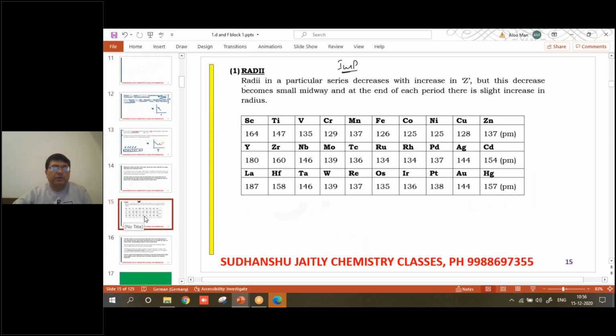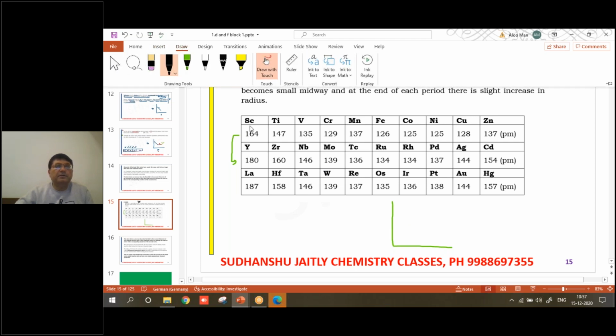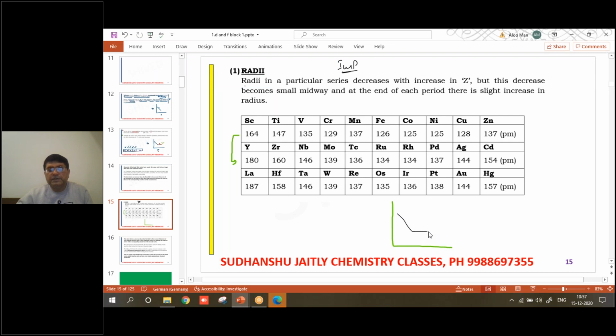Now, see, one more trick. See, 164 to 180, 147 to 160, 135 to 1 less. Let us draw one more thing. This black color is going to represent the first transition series.